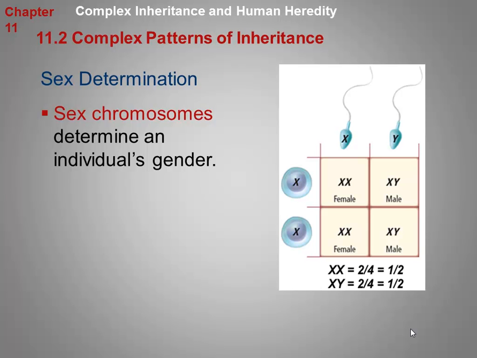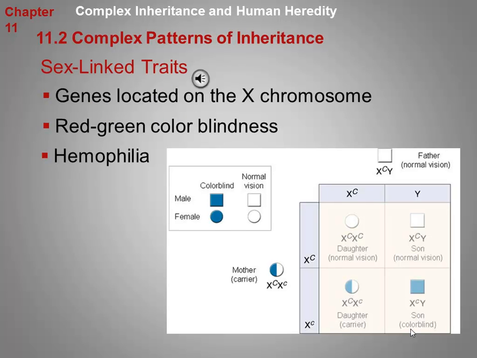Another type of complex inheritance is through things that are linked to the X and Y chromosomes. So if you look here, females carry 2 X chromosomes, and a male carries an X and a Y chromosome. So that's how sex determination is done. And sex-linked traits are genes located on the X chromosome. Well, why are we concerned with genes on the X chromosome? In the case of females, they have 2 X chromosomes.